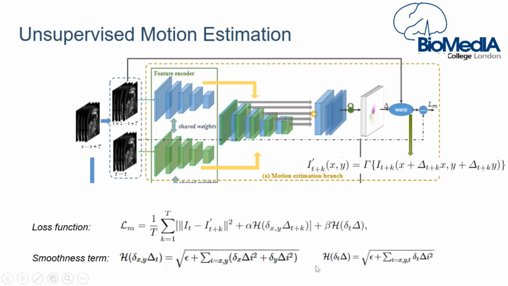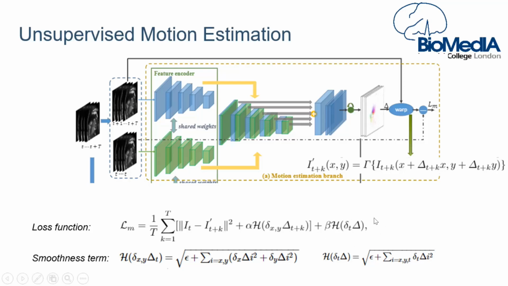Similarly, to constrain the motion to behave smoothly, we also have a regularization term here. To train the network, we use this loss function, where T is the number of frames in the sequence, and alpha and beta are trade-off parameters balancing the image similarity error and the local and temporal smoothness.